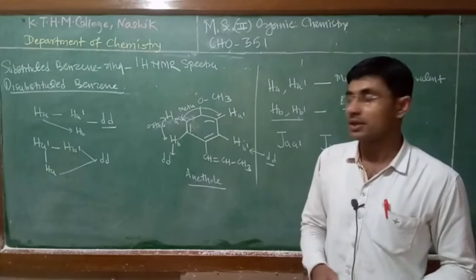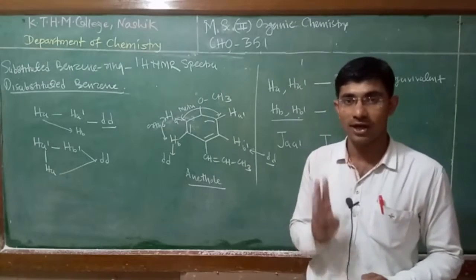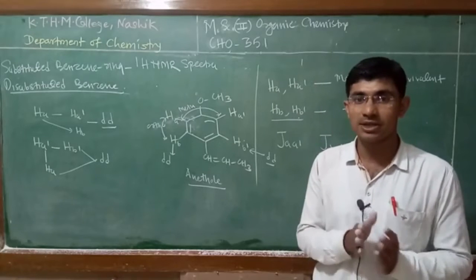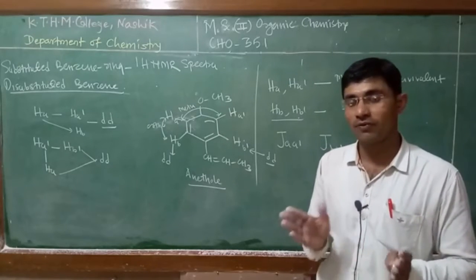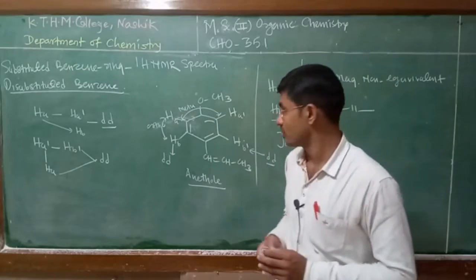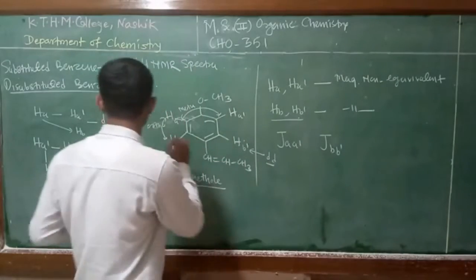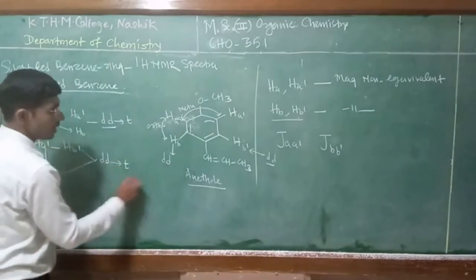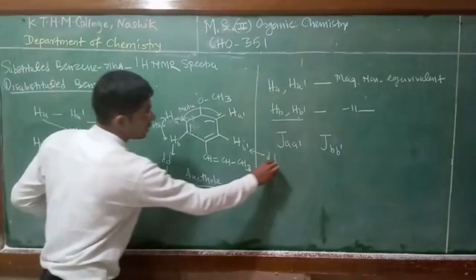So doublet of doublet means overall 4 lines for each proton. But 2 lines merge here, and because of the merging, this signal looks like a triplet. So not a doublet of doublet, but this gives a triplet. Also this gives a triplet, and this a triplet, and this also a triplet.